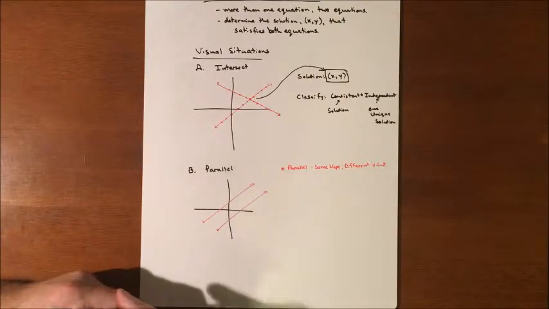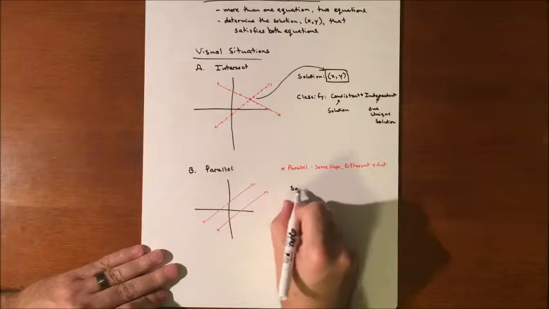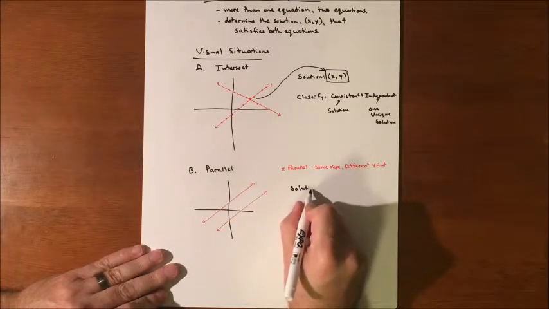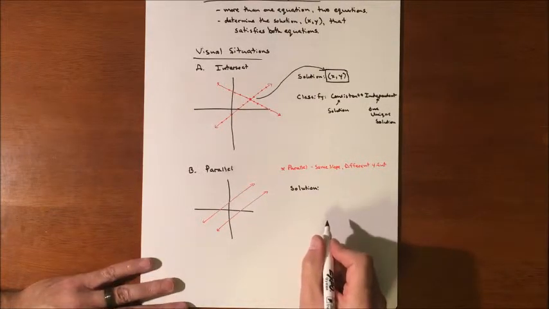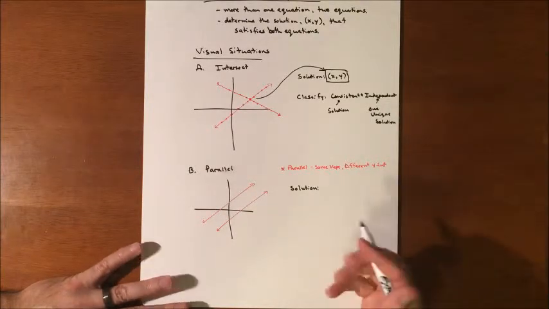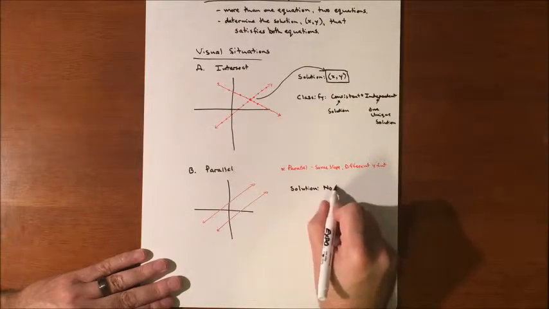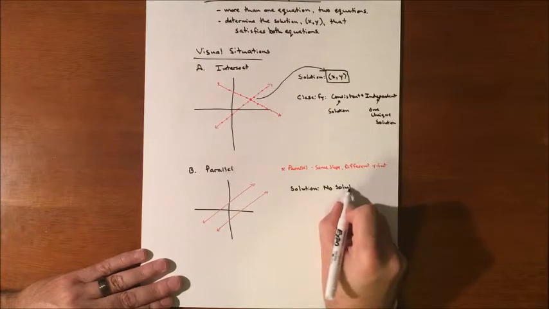So what does that mean for our solution? Our solution is, we don't have a solution. They don't have a point that will satisfy both equations. They don't have anything in common. They don't intersect. So our solution is no solution.